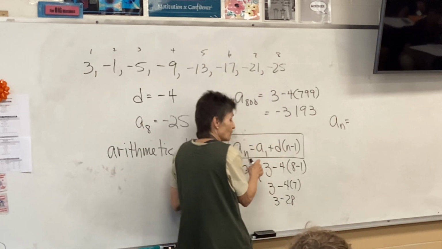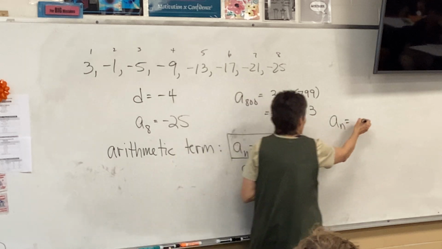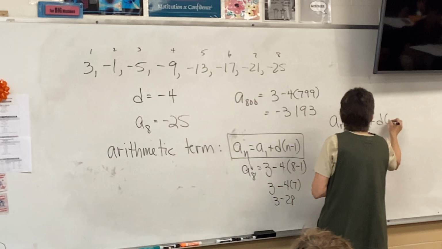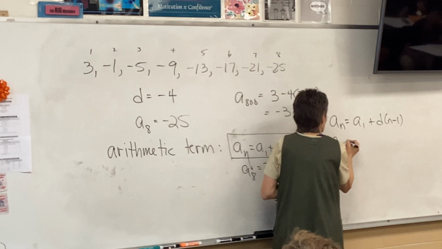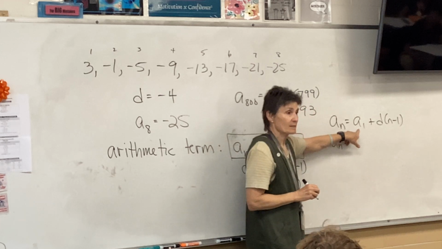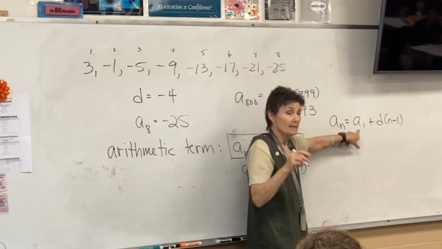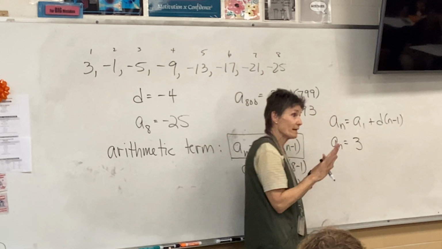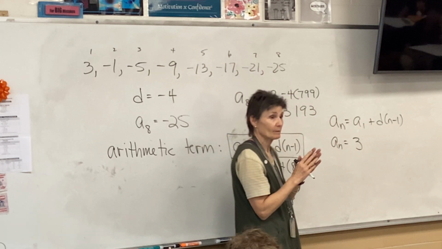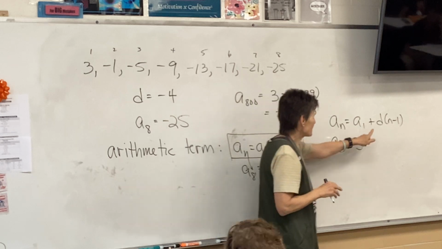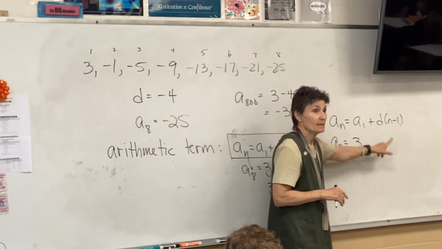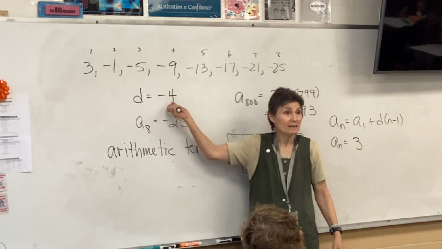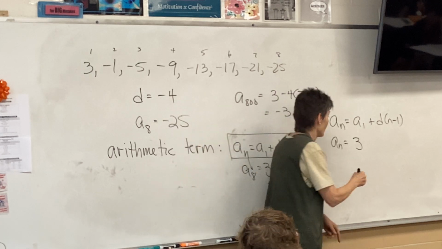So let's look at this for a second. This means first term. In our problem, the first term is 3, so I can plug that in. This is the common difference. In our problem, it is -4.